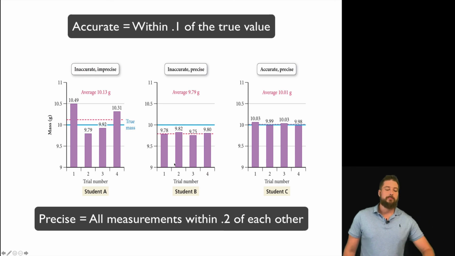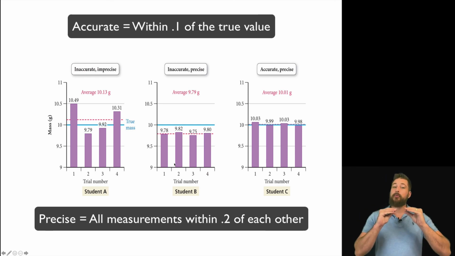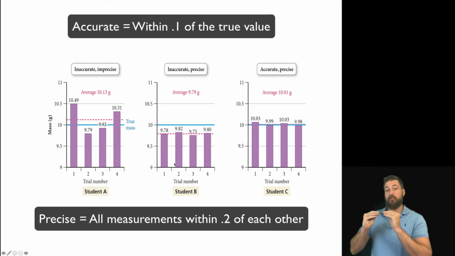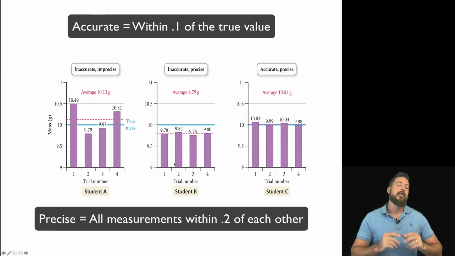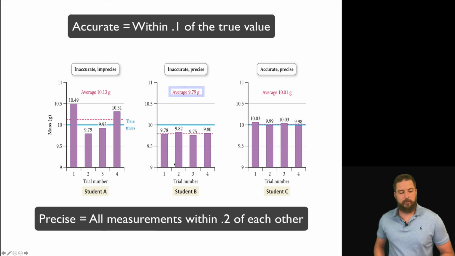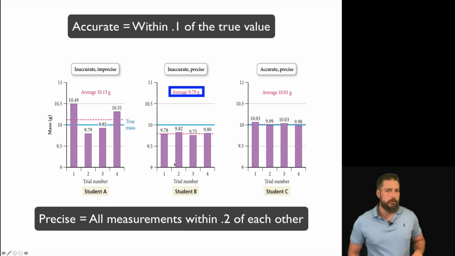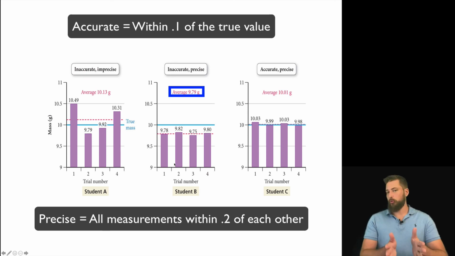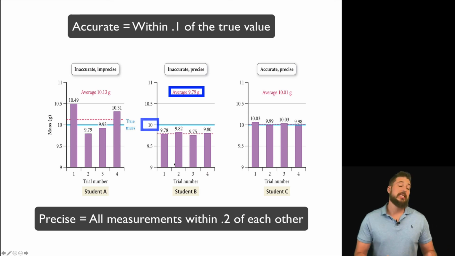Now for student B, if you take a look, the measurements are all really close to each other. So what that tells us is that it's precise. However, the average is more than 0.1 away from the true value, which means that it's not accurate.